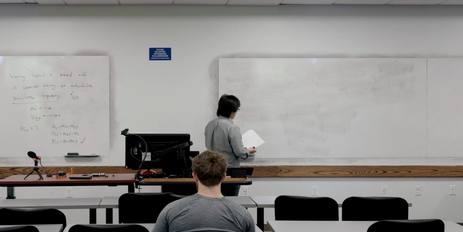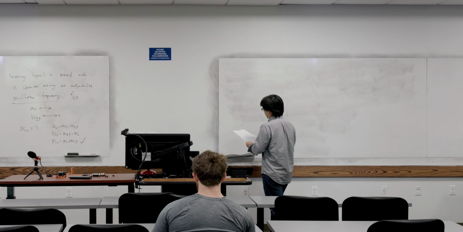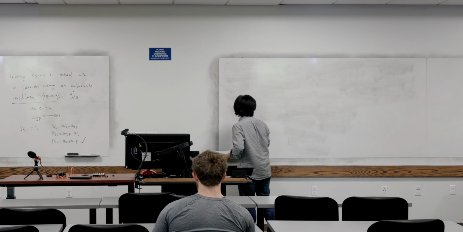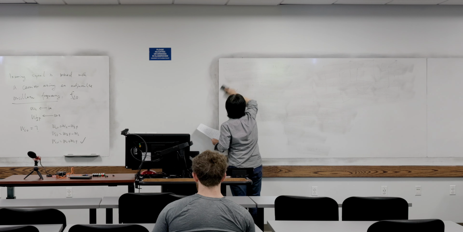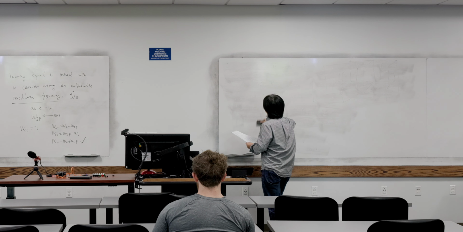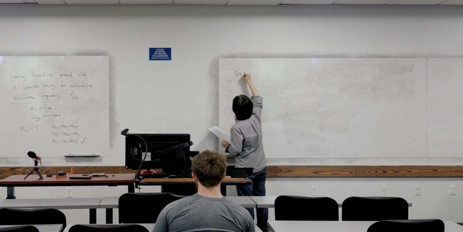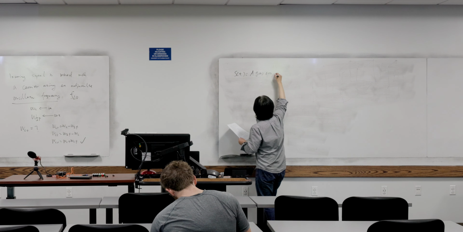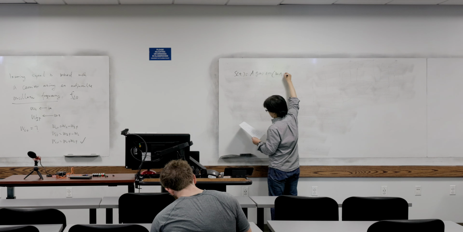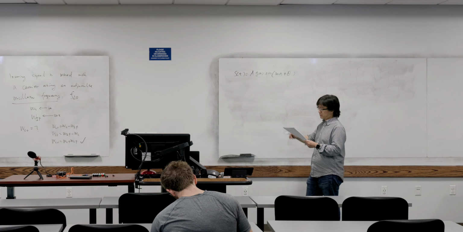Okay, so basically the analysis of this is as follows. Let's assume our input modulated signal looks like this: A times g(t) multiplied by cosine of omega c t plus theta. Okay, let's assume that is our modulated signal.